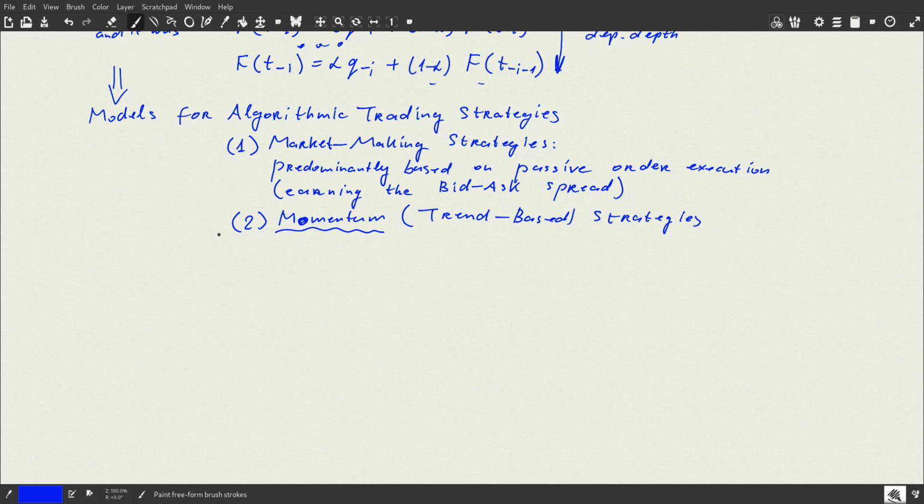Let us probably start with momentum, because this is very simple. It is very easy to imagine a momentum type of strategy. Using all information, all features we have collected at time t0.